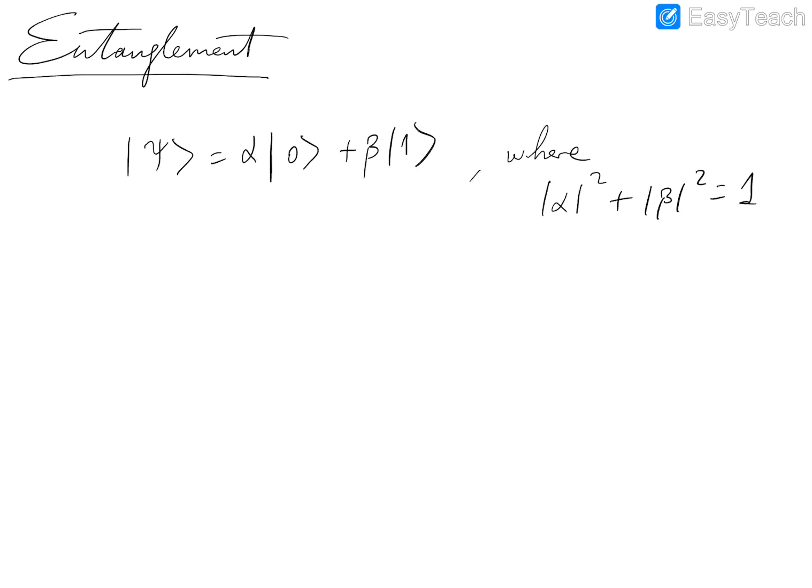So this means that when we measure psi, I will obtain the basis state ket 0 with probability modulus squared alpha, or I'll obtain the basis state 1 with probability modulus squared beta.